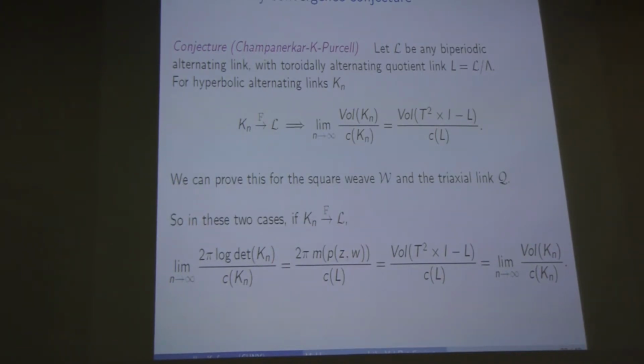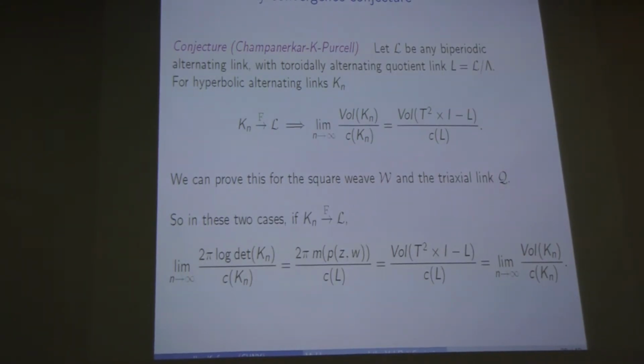We can't prove this. And the reason we can't prove this is we don't know the asymptotically correct lower volume bound. We do know it for the square weave and the triaxial link for a fundamental reason. They're right-angled, right? And so the right-angled structure gives us asymptotically correct lower volume bounds. But in general, that's not going to be true, and so we can only prove this particular conjecture for 2 cases.